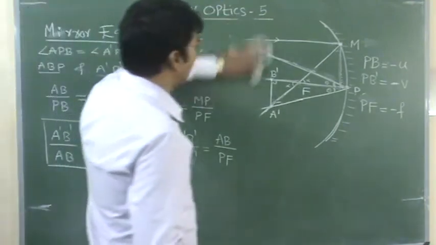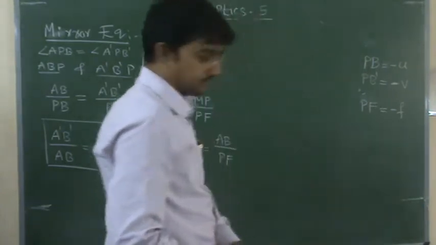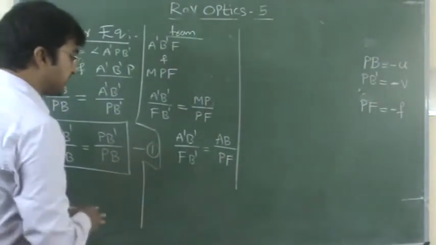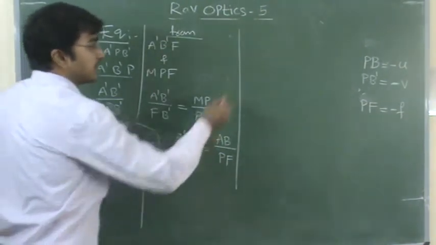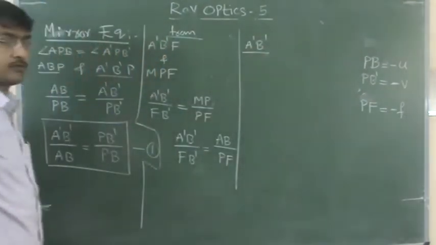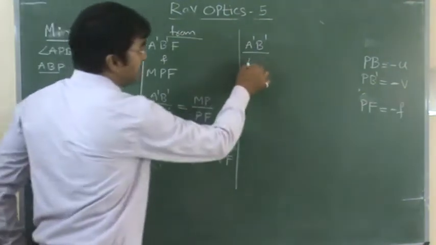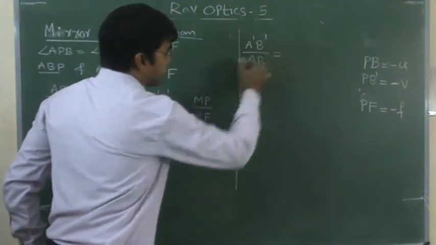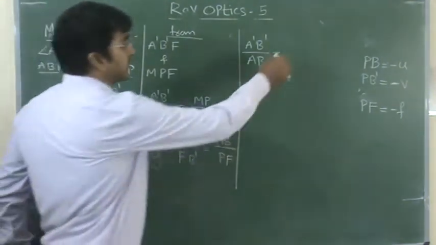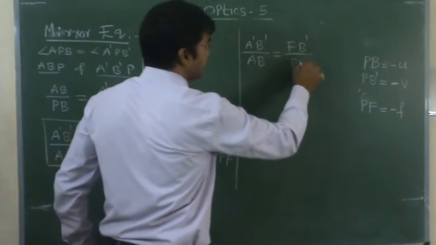Now, A'B' divided by AB is equal to FB', which I am taking here, and AB I am taking here. So then what do we get? FB' divided by PF.